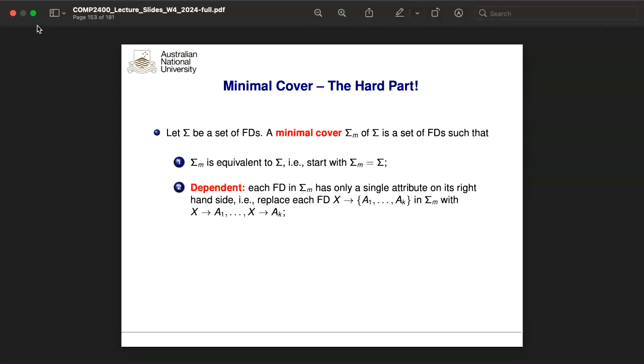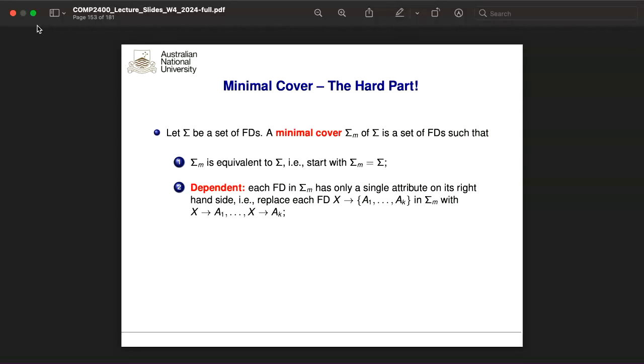Second, you consider the dependent of each functional dependency. If the dependent has more than one attribute, you separate them. So if you have a functional dependency X determines A1, A2, up to Ak, you break this one functional dependency into multiple functional dependencies: X determines A1 is one, X determines A2 is another.